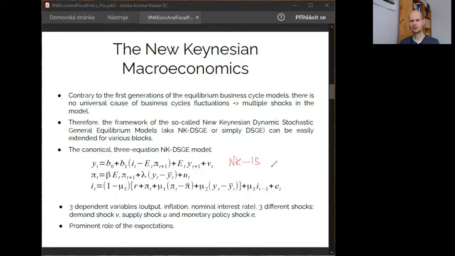It is a positive relation between output and inflation. However, the biggest difference between the old Keynesian and new Keynesian model is that here there is not a relationship between output and current inflation, but with the future inflation at time t plus 1 expected at time t. So you can see that inflation expectations drive the dynamics a lot.